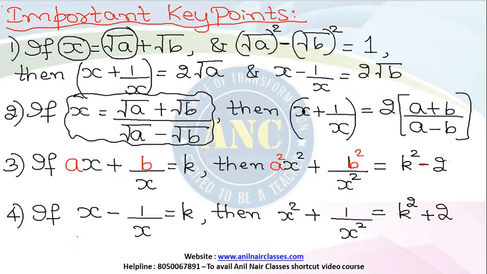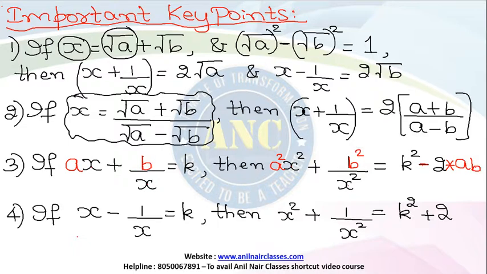The right hand side was k square minus 2 in the earlier case. Now for this particular 2, I should multiply the coefficient of x, which is a, and I should also multiply the coefficient of 1 by x, which is b.